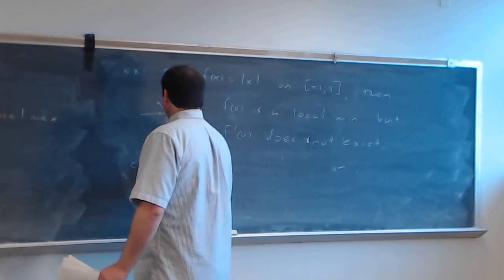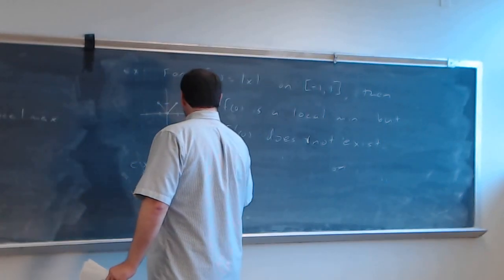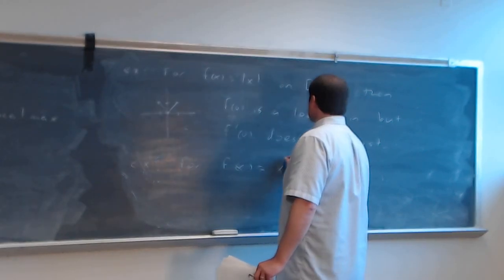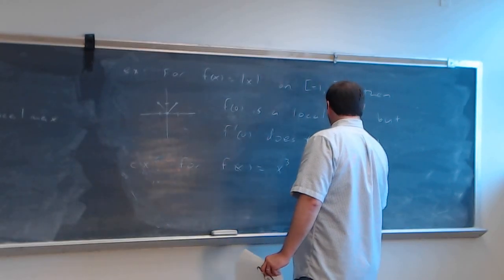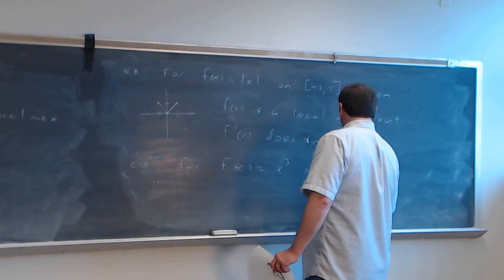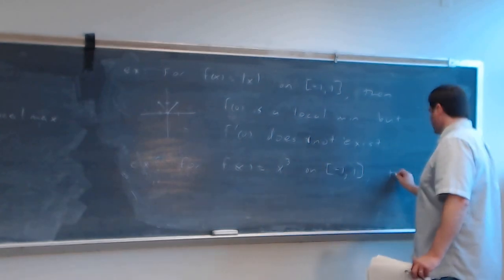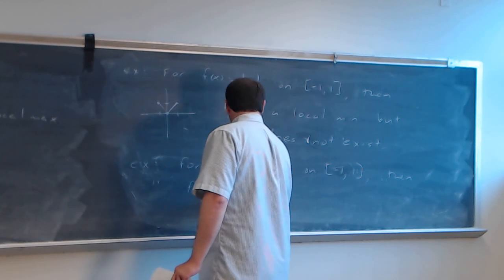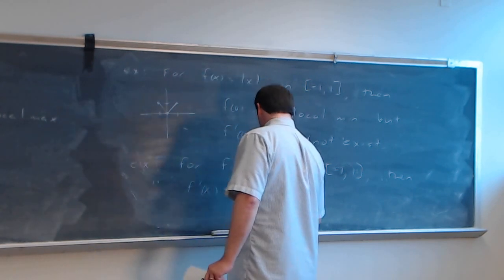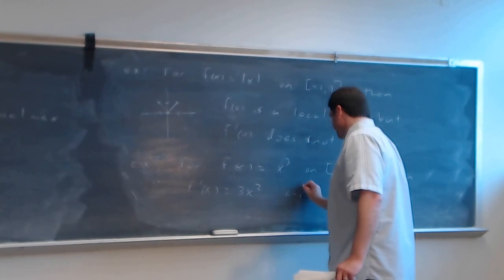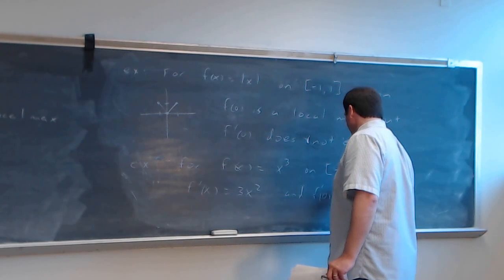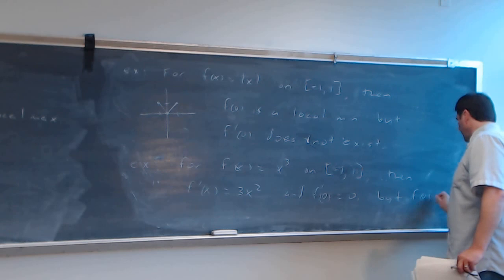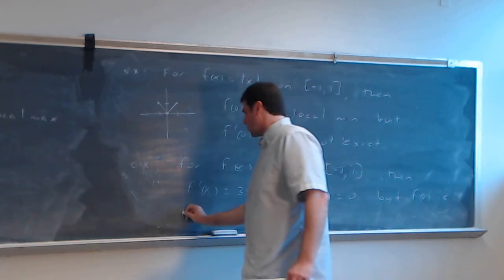And then as a final example, if we consider f of x equal to x to the third on minus 1 to 1, then f prime of x will be equal to 3x squared, and f prime at x equal to 0 does equal 0. But f of 0 is neither a local max or local min.